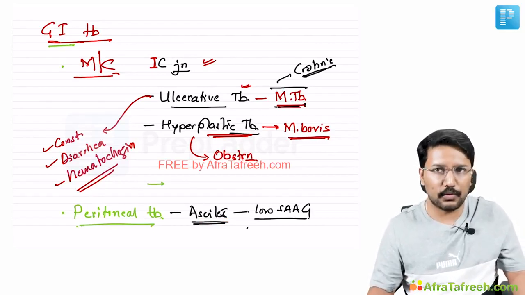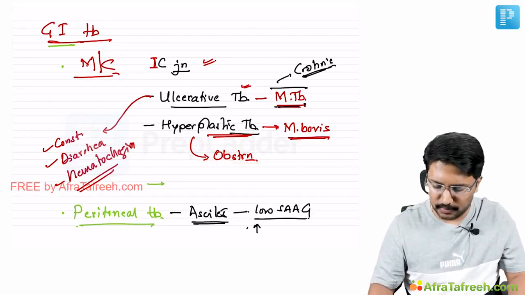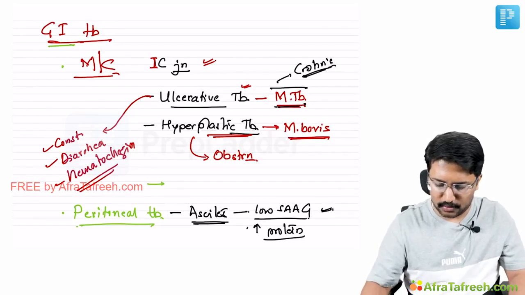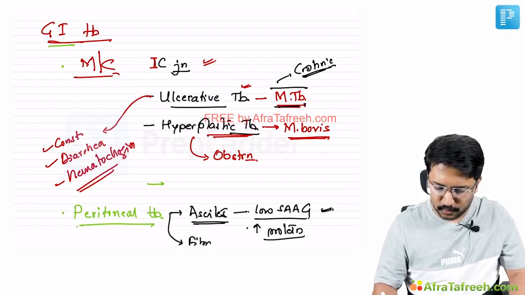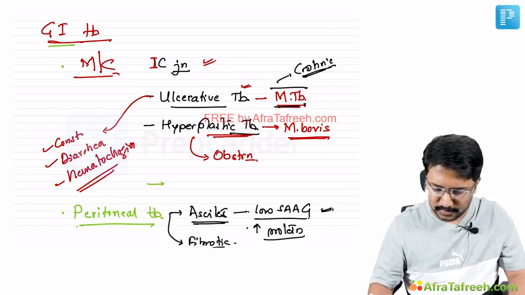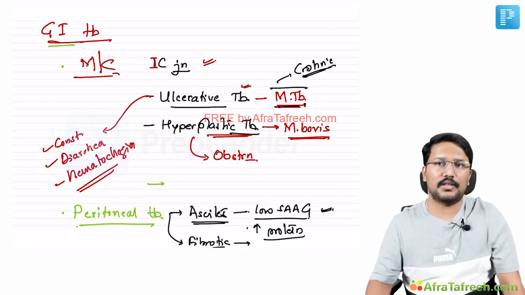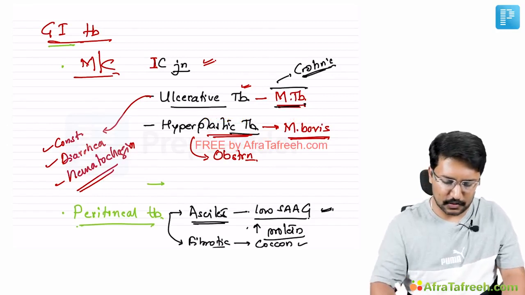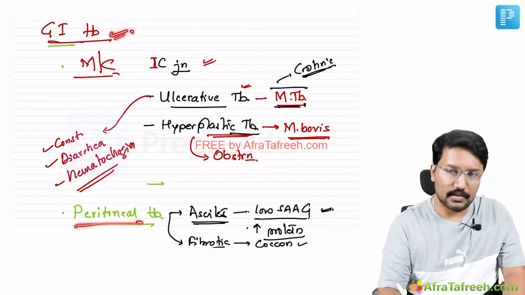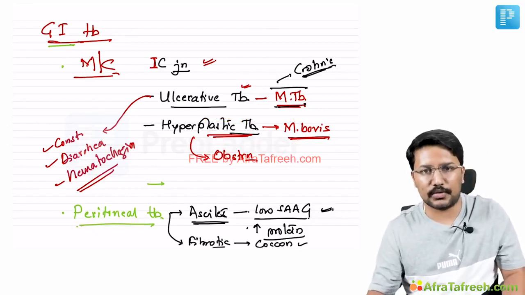So the SAAG score will be low and it will be associated with high protein. This is a typical exudative ascites. Apart from that, some of these patients can develop fibrotic changes, so sometimes they can present with what we call abdominal cocoon. That can also be a presenting feature of gastrointestinal or abdominal tuberculosis, right?